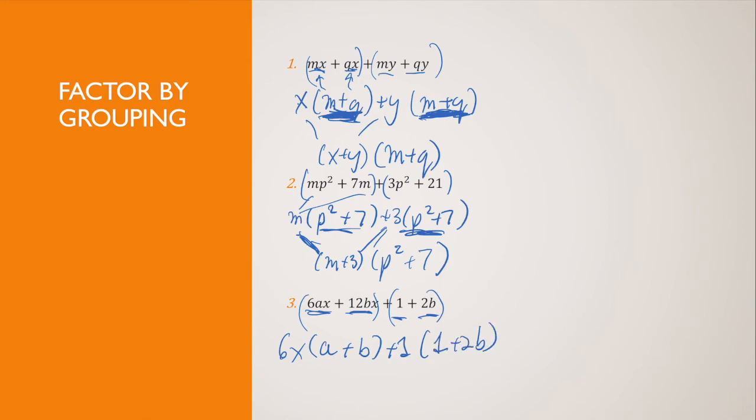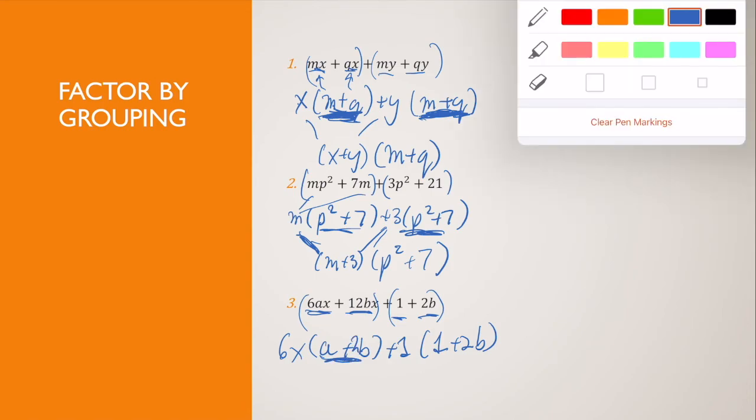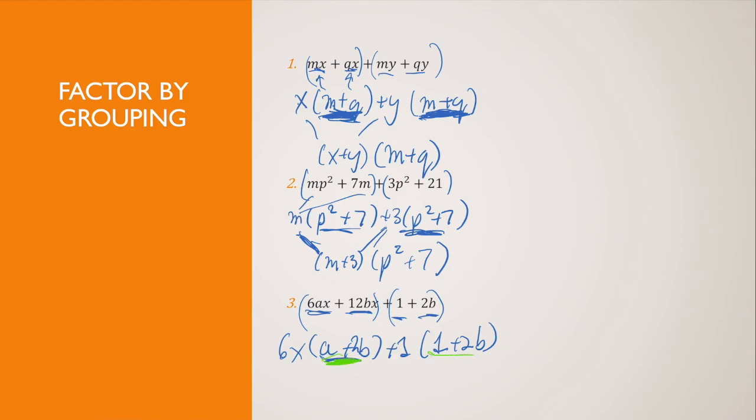Now notice, oh, that should have been a 2b. But notice that these are not the same. One has an a, and one has a 1 instead of an a, right? So this cannot be factored any further. This is already fully simplified and cannot be factored by grouping.